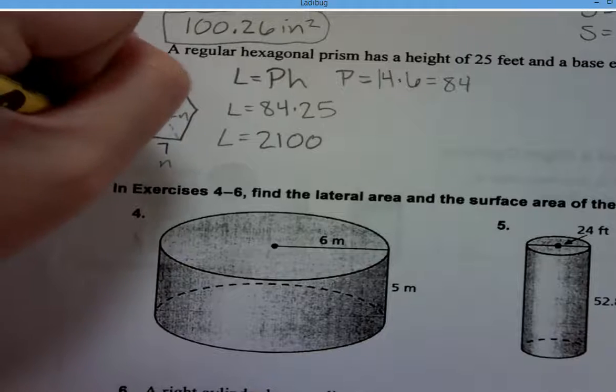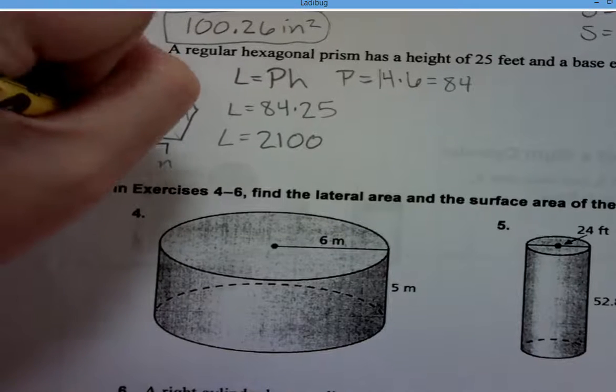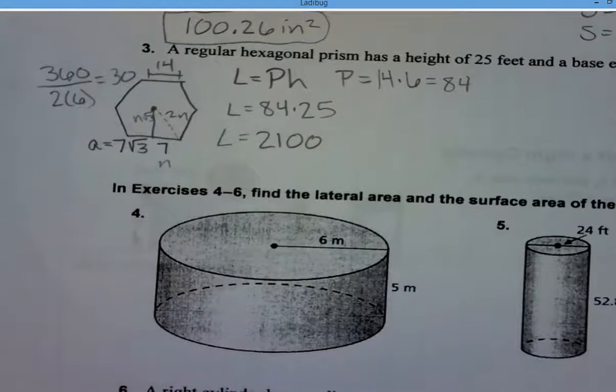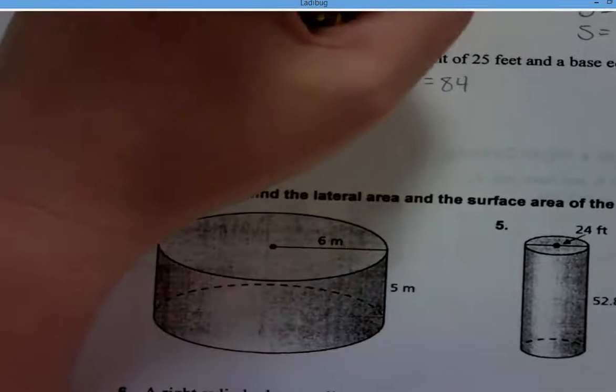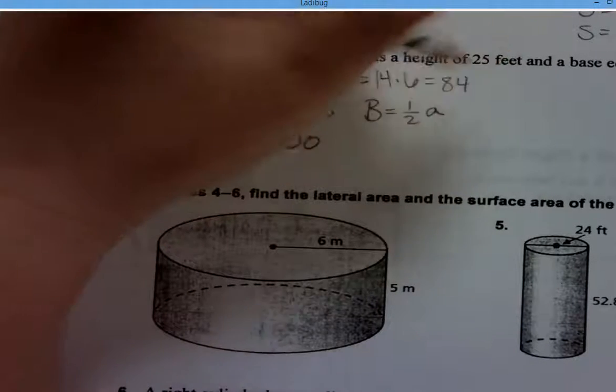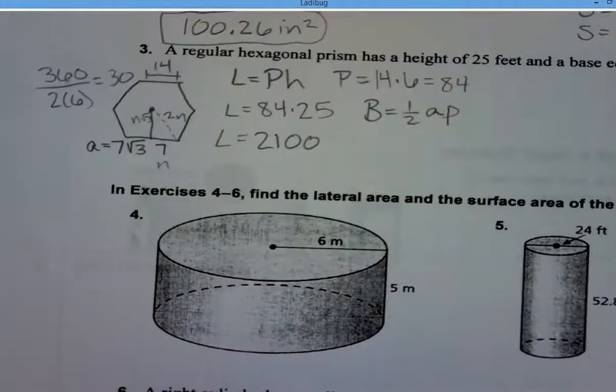So our apothem is going to be 7 root 3. That's our apothem. So now we have everything we need to find the area of our base. Do we remember what the area of a regular polygon is? Apothem, good. We already have the perimeter because we used it here.